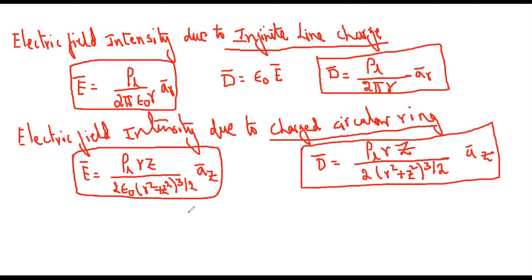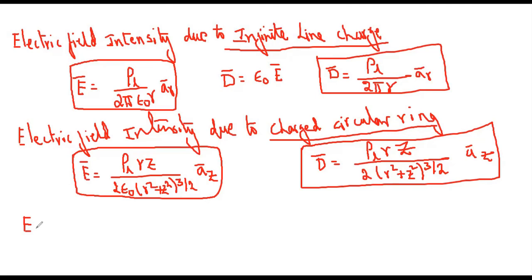Similarly, the third one is the electric field intensity due to the infinite sheet of charge. You can assume a sheet on the XY plane at Z is equal to 0, and you can assume a small differential surface area on the sheet, and you have to find the electric field intensity. The point is on the Z-axis.